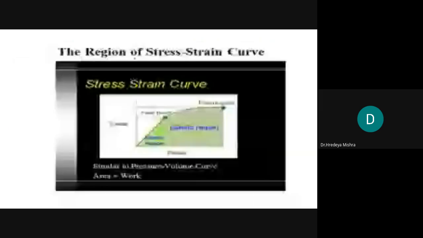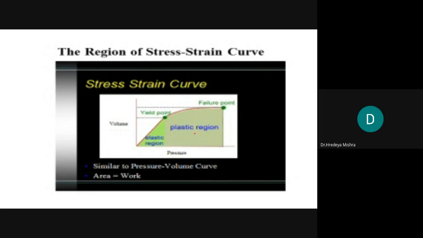See, these things are similar to whatever we studied previously, elastic zone, plastic zone. We can now divide the stress strain curve in parts. First is elastic zone, second is plastic zone. Okay. This is similar to a pressure volume curve, area equals work.